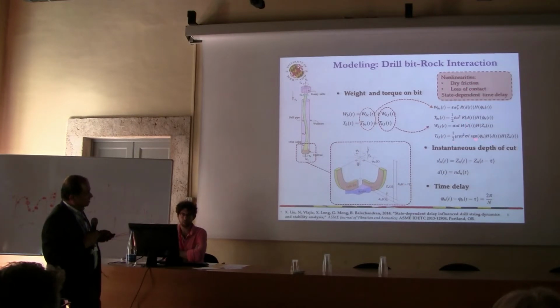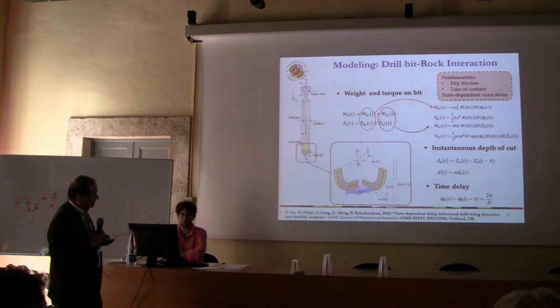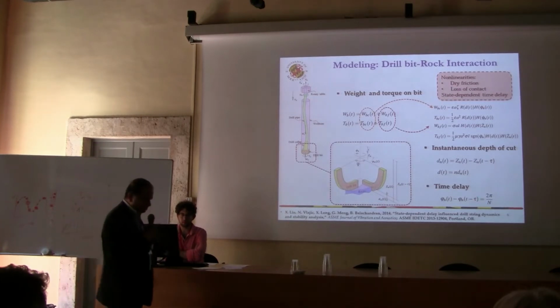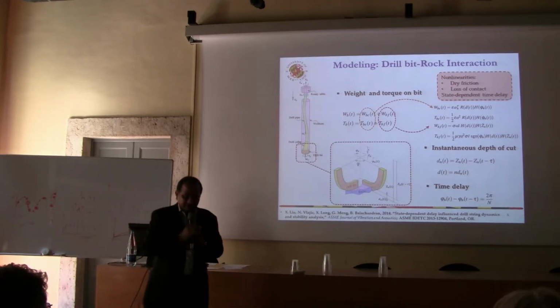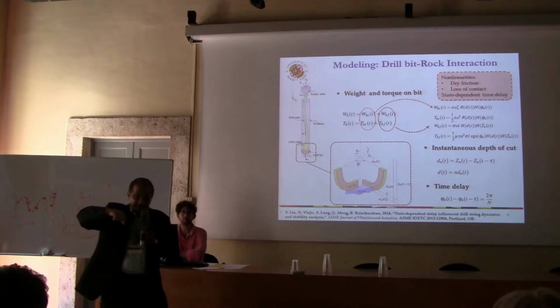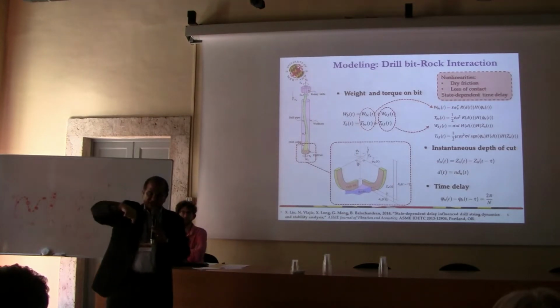Apart from that, another aspect to consider is what I mentioned before, the depth of cut and how the time delay enters the picture. The time delay in this case is a state-dependent delay. So what does that mean? If I start at one location and come back to the same location, nominally, if I didn't have any dynamics, it would purely be based on rotation speed. In this case, theta is an angular state whose dynamics also affects how long it takes me to come back to that position.